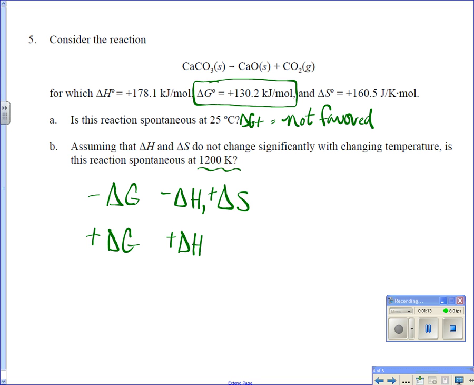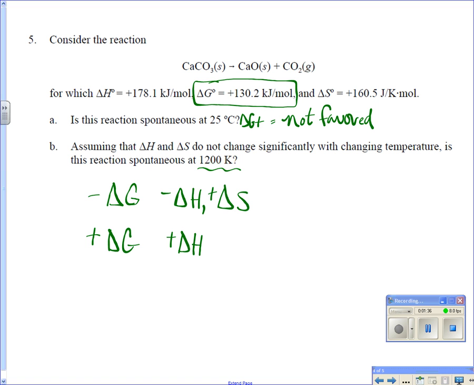Because bottom line, delta H negative means that it's exothermic, it's going to go downhill, and that's favored. Delta S is positive, means I'm getting more messy, more disorder, that's favored. And so two favored things are going to make a favored reaction. The opposite are both unfavored. So if delta H is positive, it's endothermic. It means I have to add energy to it.